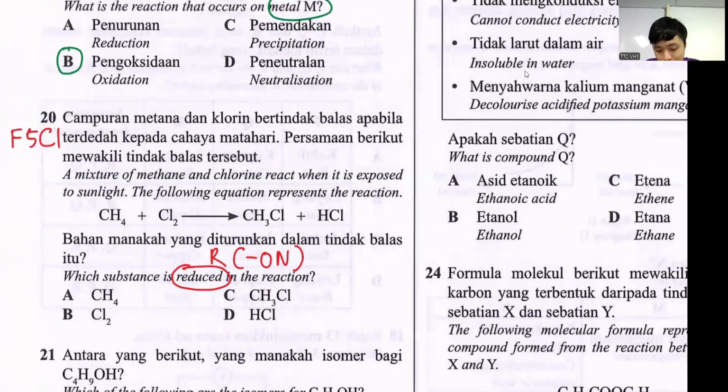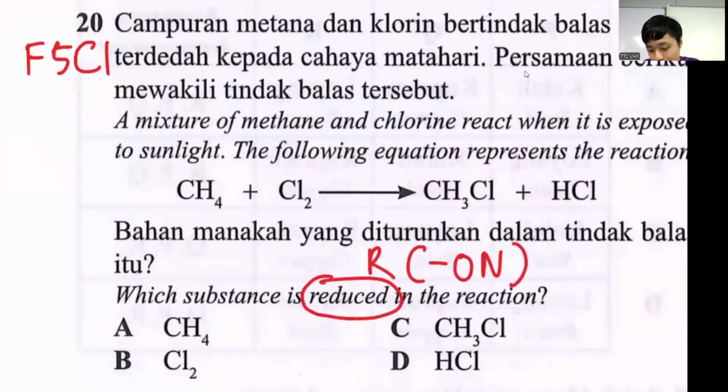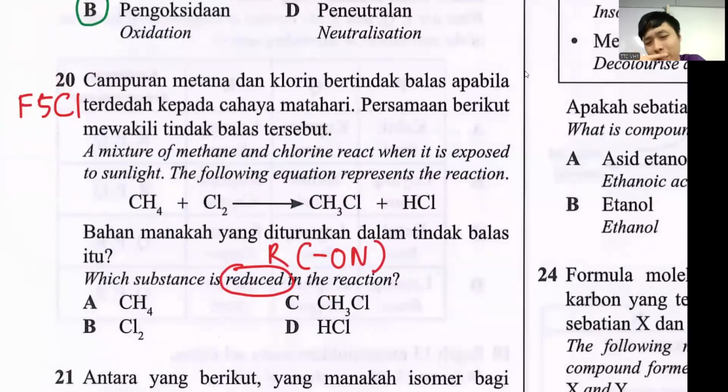So imagine now you calculate. The best, you see the very simple one. You might not know CH4, how much, right? The best you can check is chlorine. What is the oxidation number of chlorine? Chlorine molecule, no charge, 0.